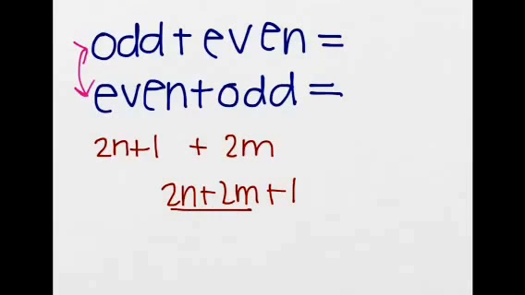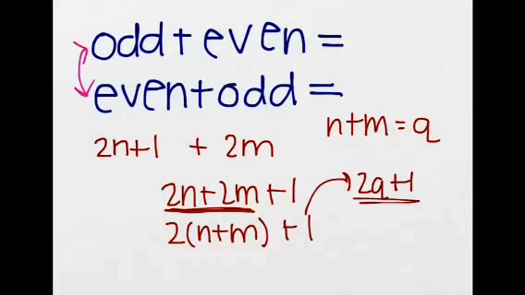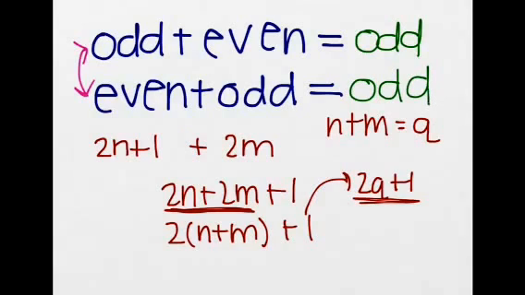Using the distributive property, I can factor out a 2 here, so I get 2 times (n plus m) plus 1. Now n plus m could equal a whole number, let's say q. So this is really equal to 2q plus 1. This is an odd number, so odd plus even is equal to odd, and even plus odd is equal to odd.